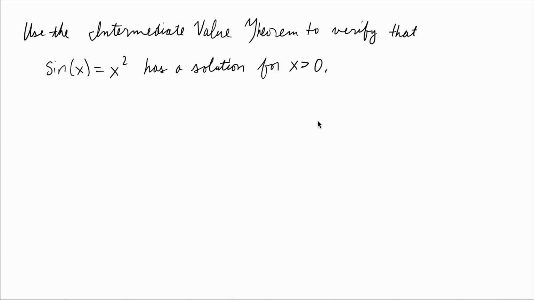On your mark, get set, pause the video. Okay, now here is the solution on this one. So what we're going to do is I'm going to think of a function sine of x minus x squared.